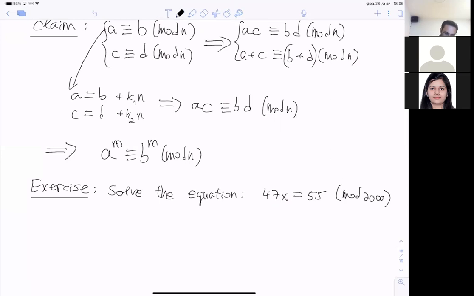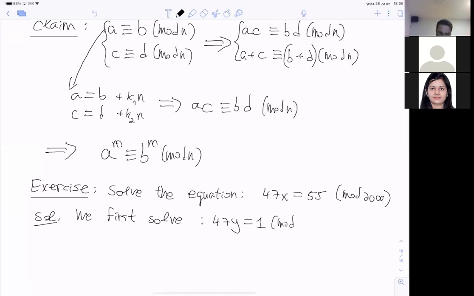Okay, so solution. We first solve this. How do we do it? By Euclid.